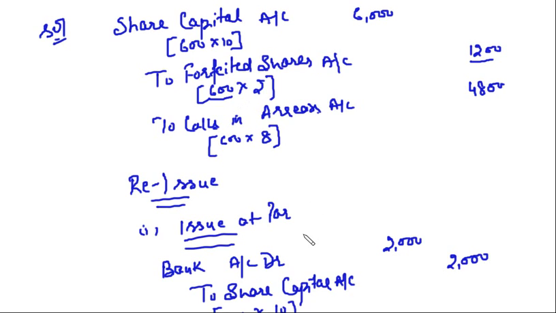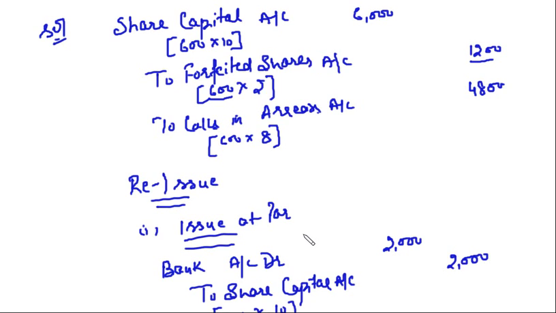So how can we say that 1200 is the capital gain?